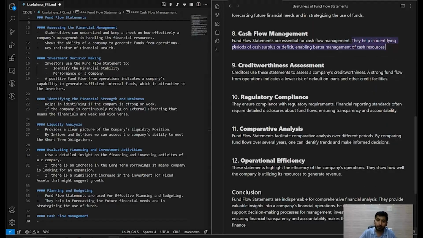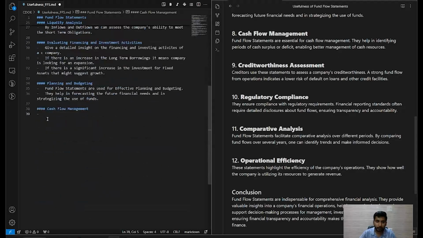They help in identifying periods of cash surplus or deficit, enabling better management of cash resources.